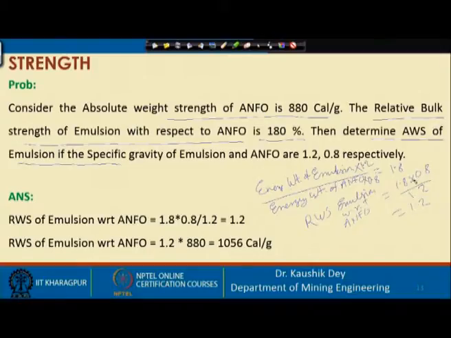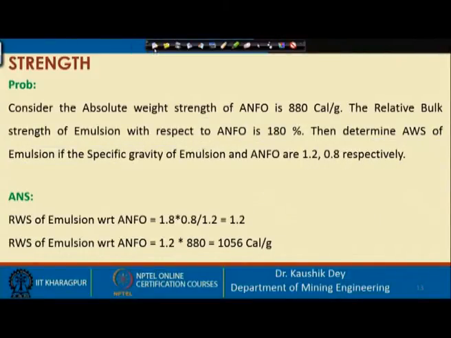Okay. So, that is coming 1.2. So, this is now easily obtained, that the relative weight strength of emulsion with respect to ANFO is now known to us. Now, let us see the second part.